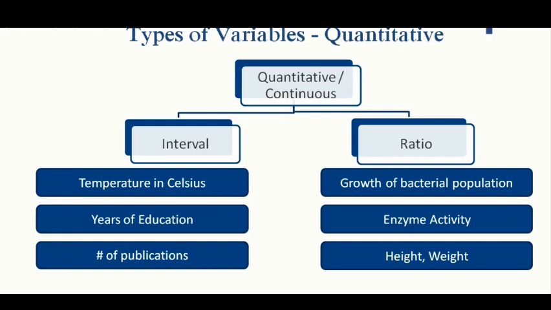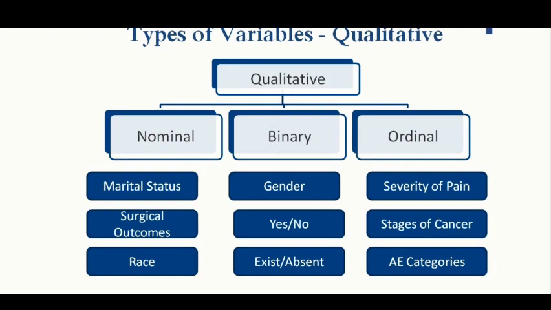Okay. Whereas the continuous variables are split into interval and ratio, as I mentioned: temperatures in Celsius, years of education, number of publications, and in ratio they can be clubbed as growth of bacterial population, enzyme activity, height, weight, etc. Further classification of the qualitative variables is into the categories of nominal, binary and ordinal.